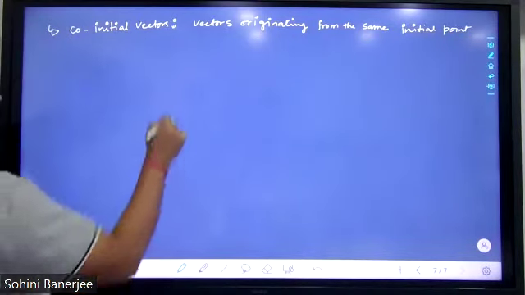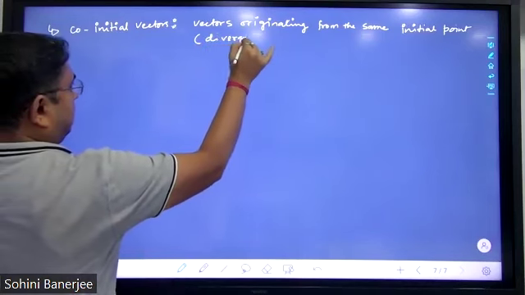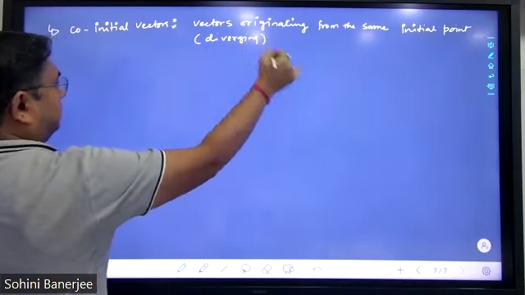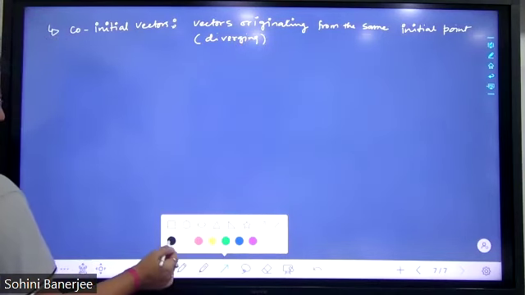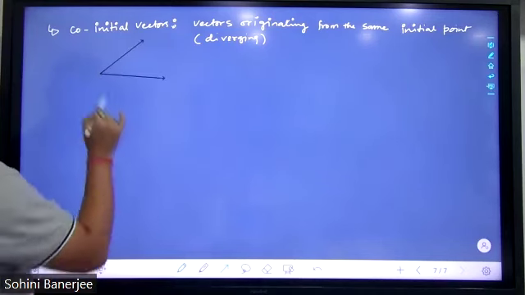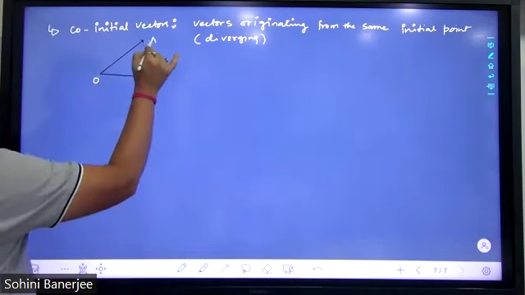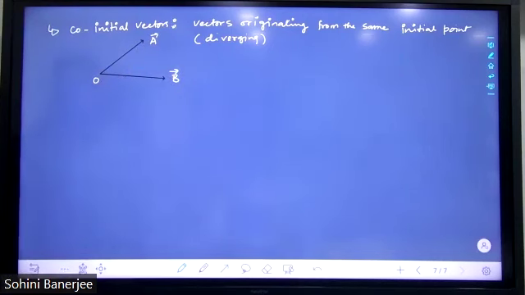You can also say them to be diverging, right? Vectors A and B, they are originating from the same point too.